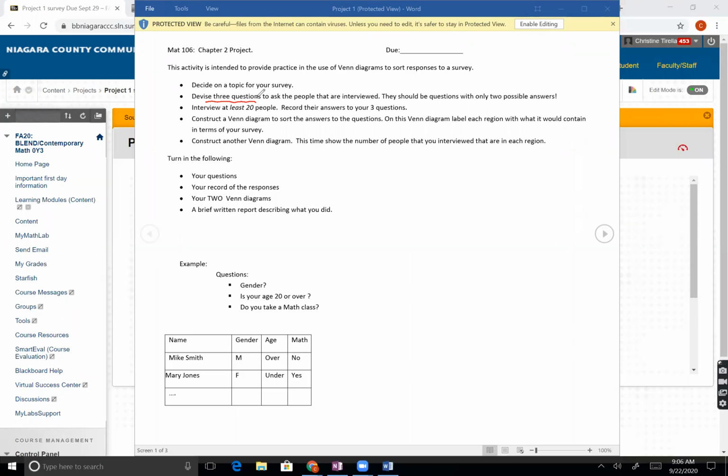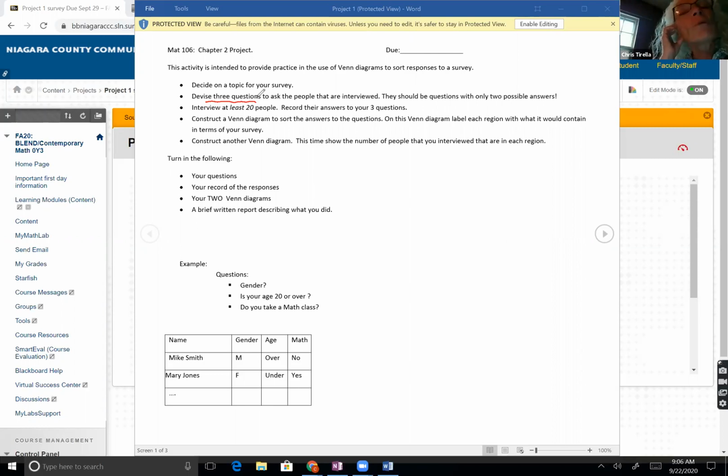So rather than asking people how old they are, you might ask, are you over 20 or are you 20 or under? You want to set up your questions so that you can use a loop for the Venn diagram to organize them.